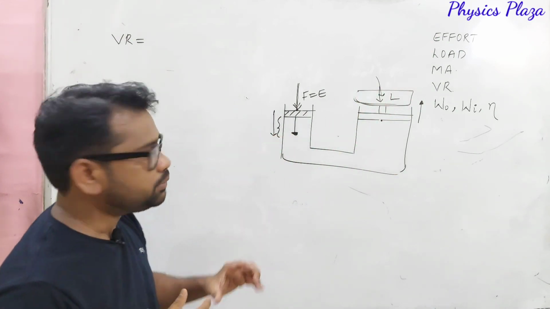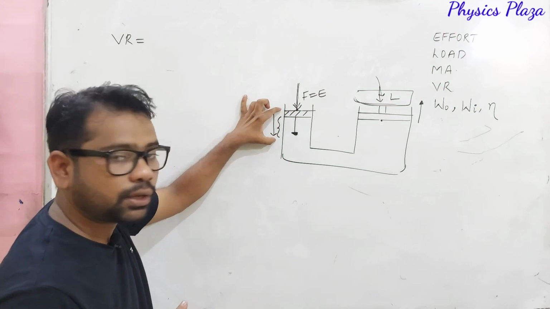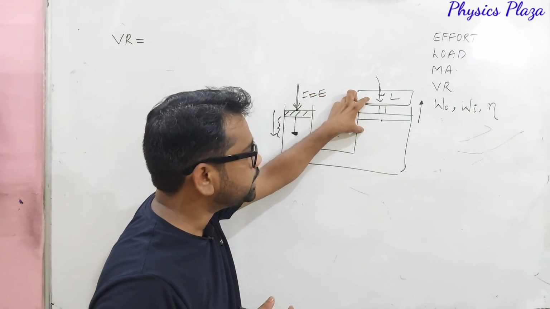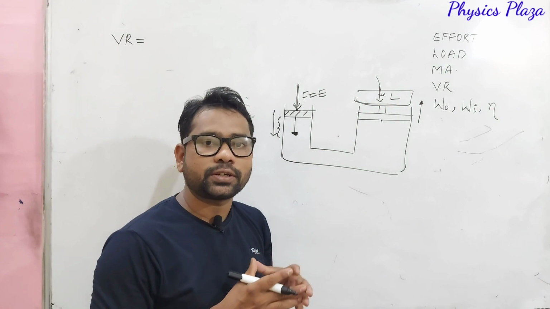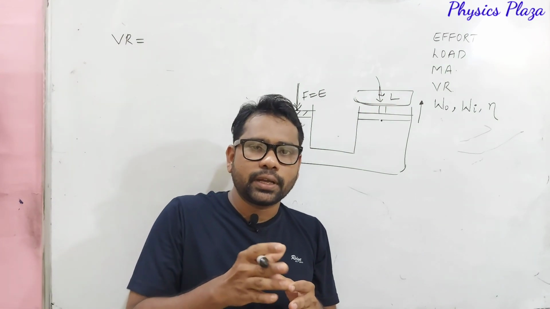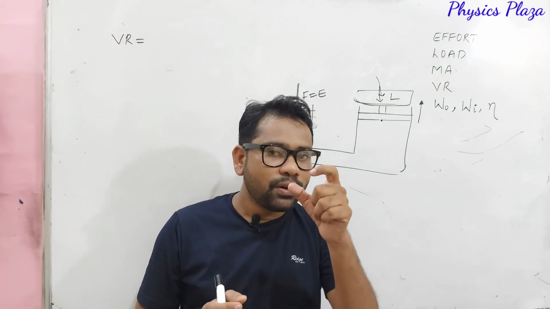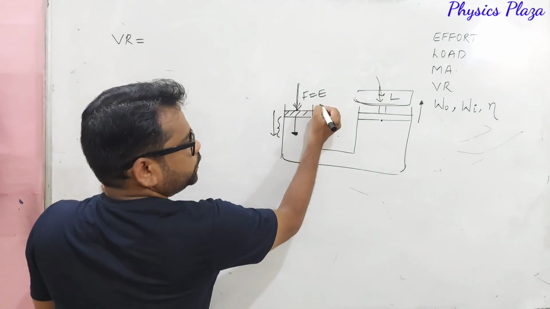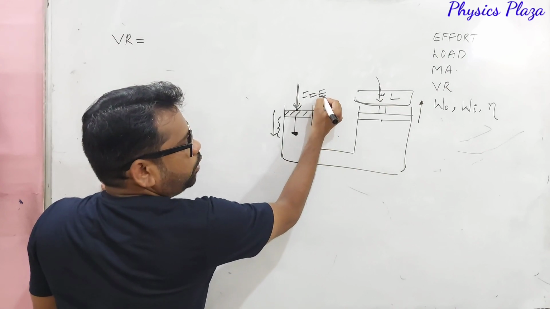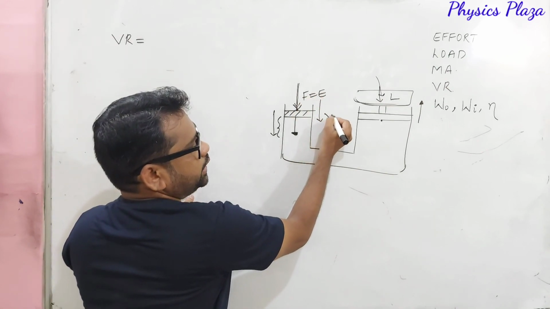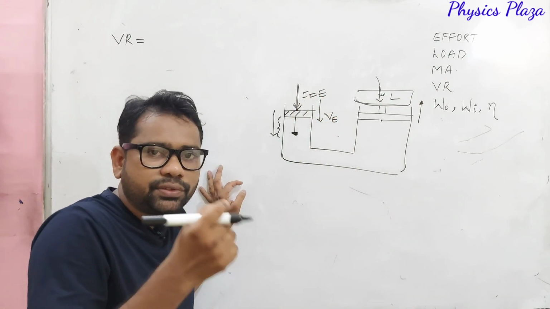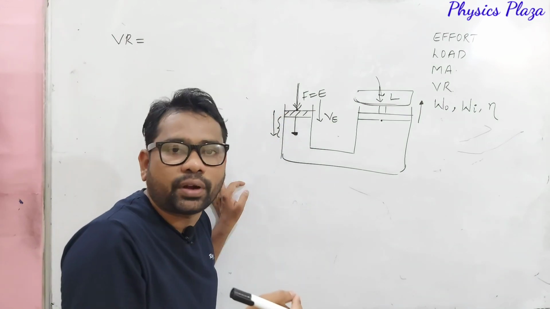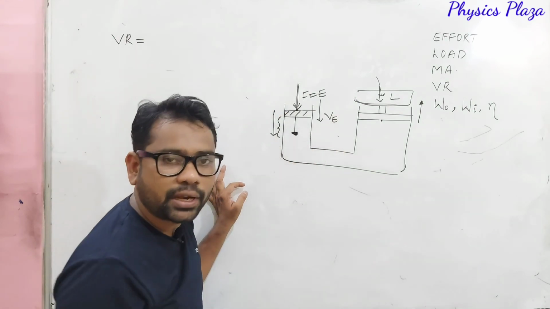Means in a given time, it is covering some displacement downward direction, it is also covering some displacement but upward direction. So the displacement covered in a given time only we can call it as a velocity. So there will be some velocity of this effort, that only we can denote with the effort velocity. The velocity with which that point of application of effort is moving downward direction, we can take it as an effort velocity.